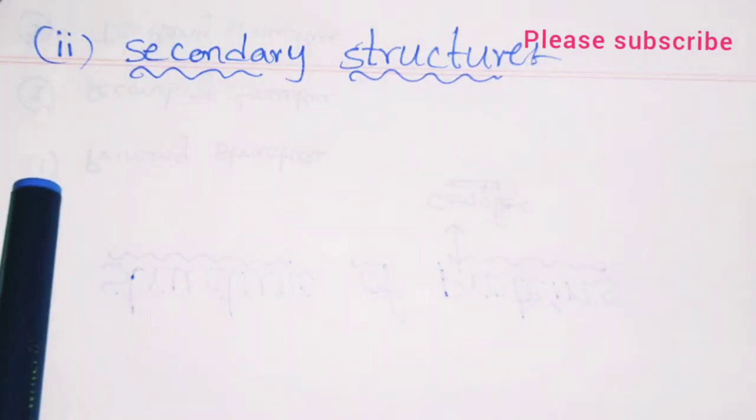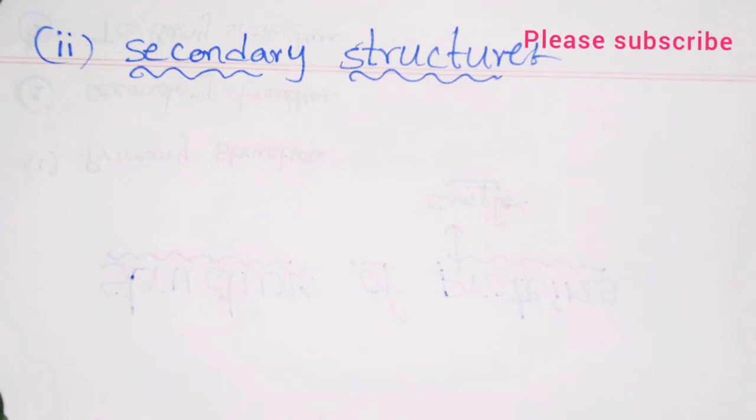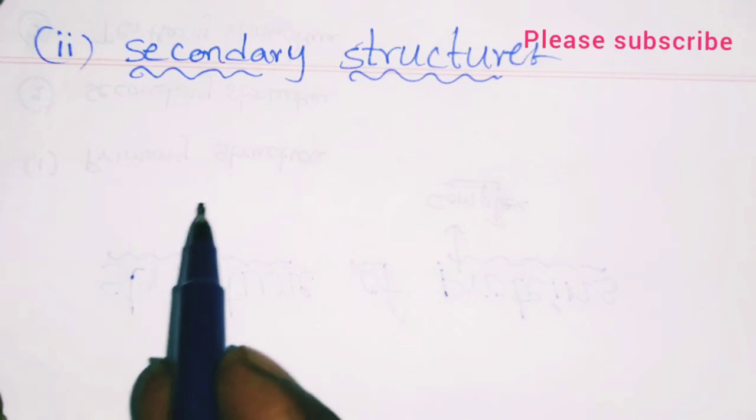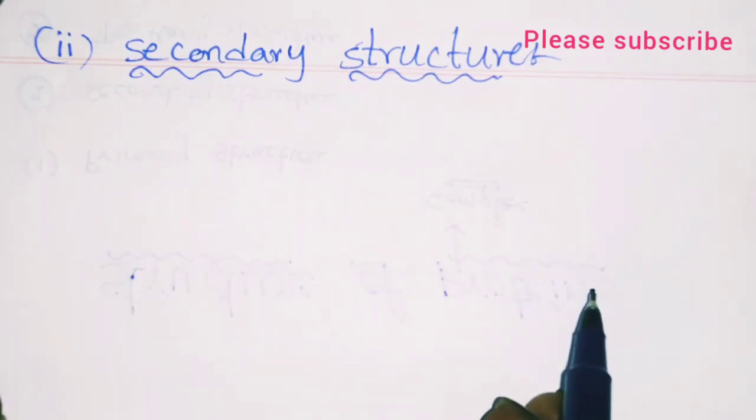So the second one is the secondary structure. In the secondary structure, we will discuss the shape of the polypeptide chain. Already in primary structure, I explained the sequence of the polypeptide chain.